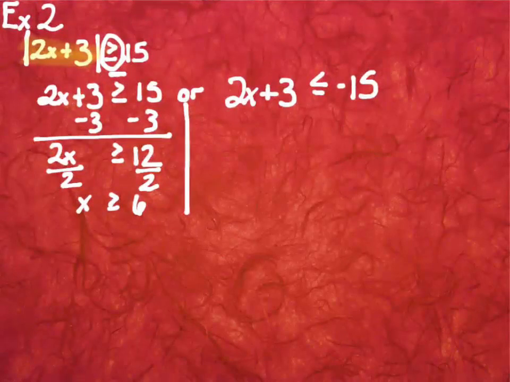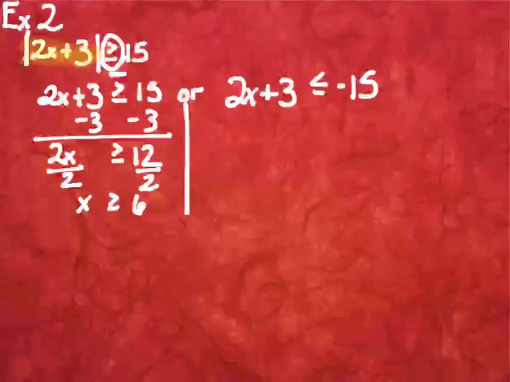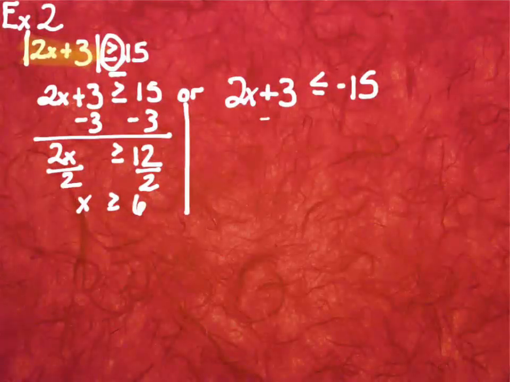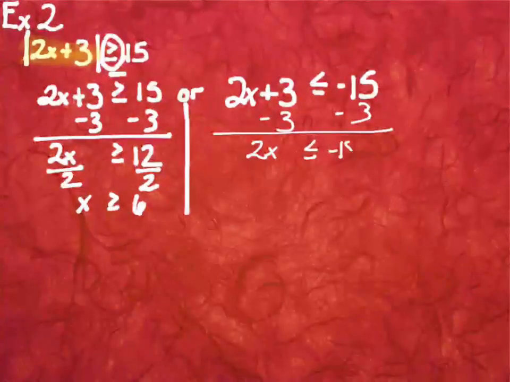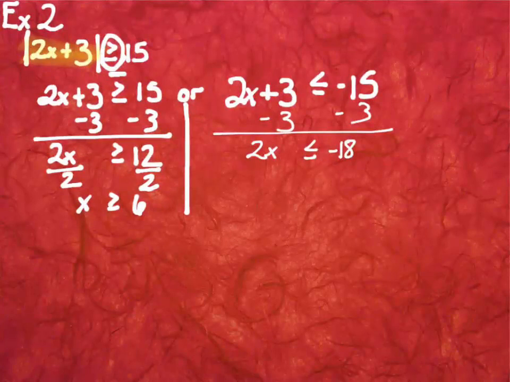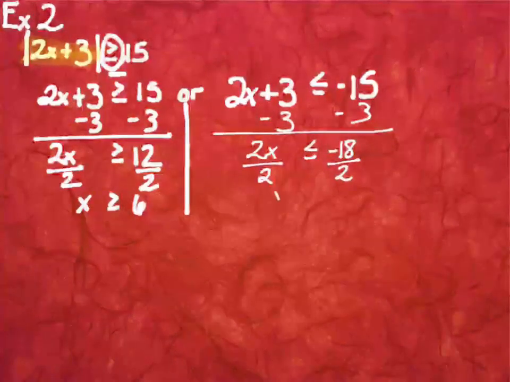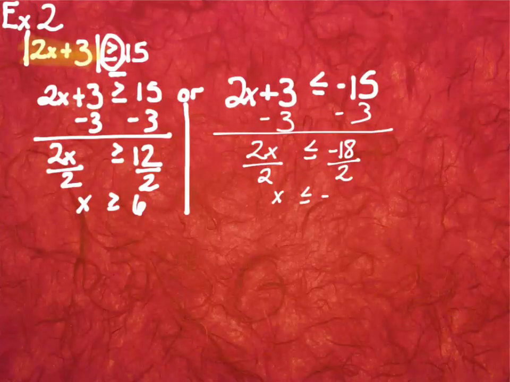Now I'm going to treat the other side. And so when I'm solving on this other side, it's going to be the same idea. Subtract my 3 from both sides, and 2x is less than or equal to negative 18. Divide by 2. Divide by 2. X is less than or equal to negative 9.